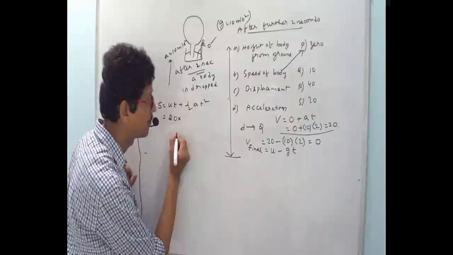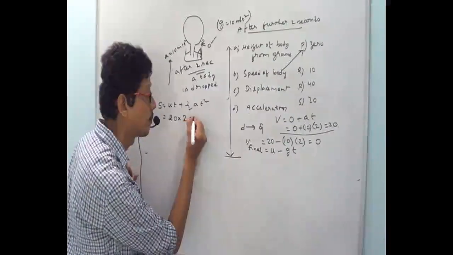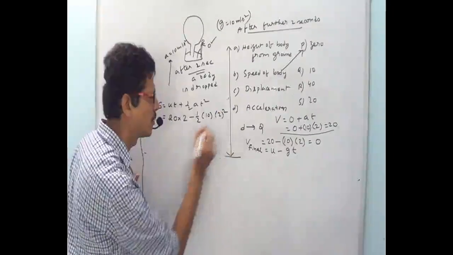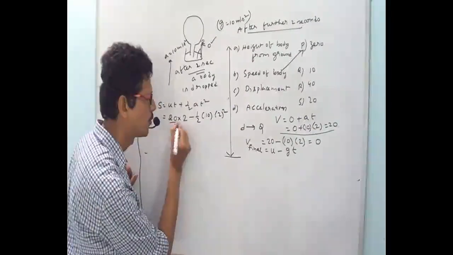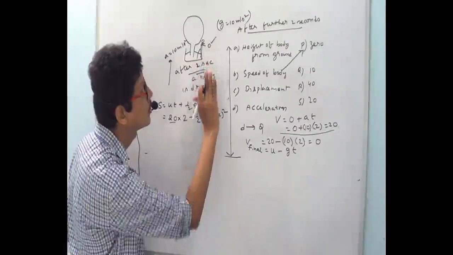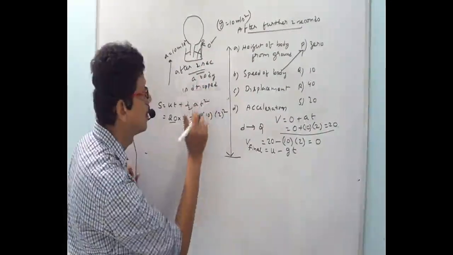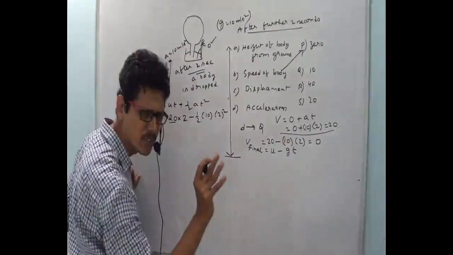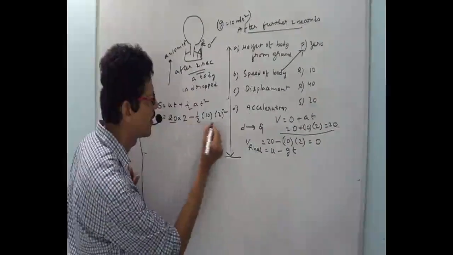T is 2 seconds. Minus I have to take. Why minus? Because I have taken U as positive and U is upwards initially. Balloon velocity is upwards, and the ball velocity is also upwards initially. So balloon and ball will have the same velocity.